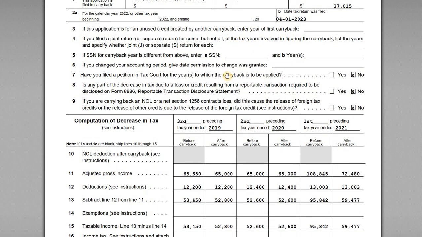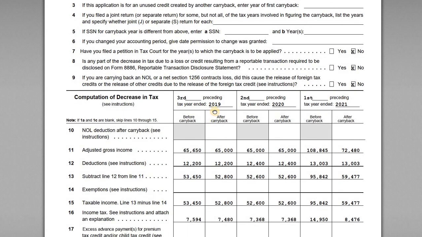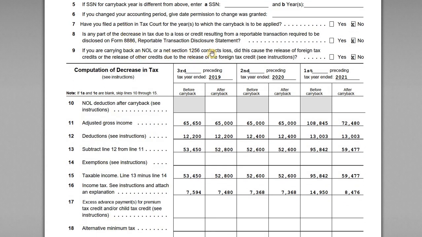Now, the rest of these items here, we don't have NOL issues or any kind of these changes here, no accounting period variances. A lot of these will apply if we have corporate taxpayers, but in this case it's just an individual, so none of that applies. And then answer 7, 8, 9, yes or no, depending on what your circumstances are, right?